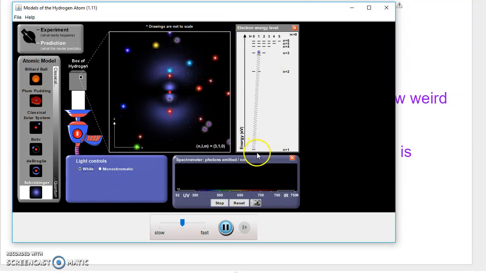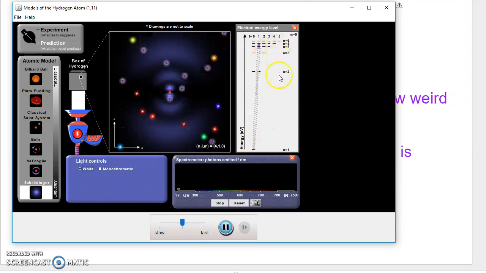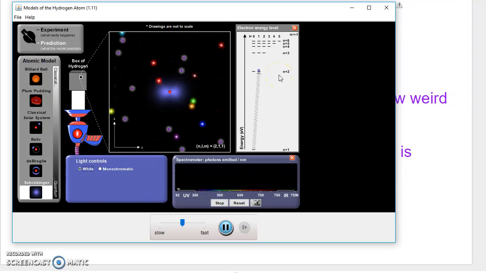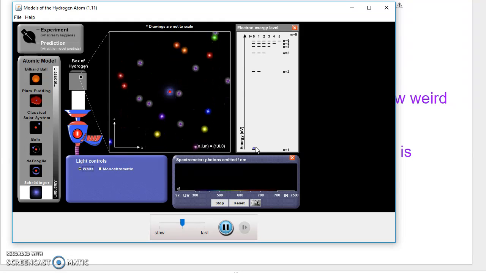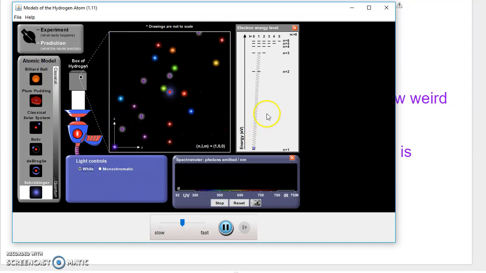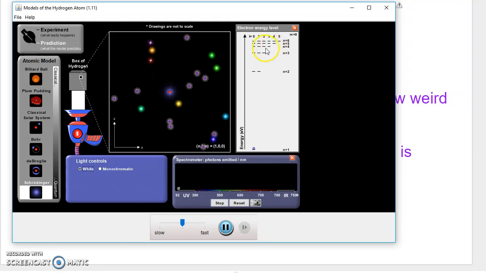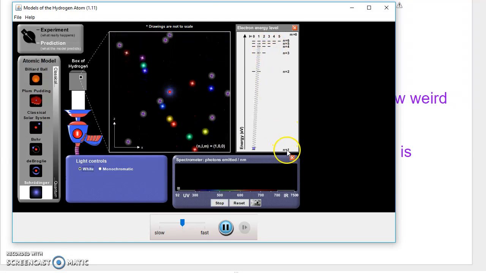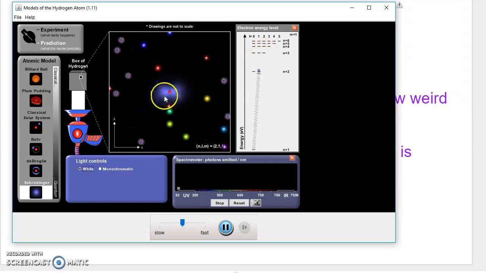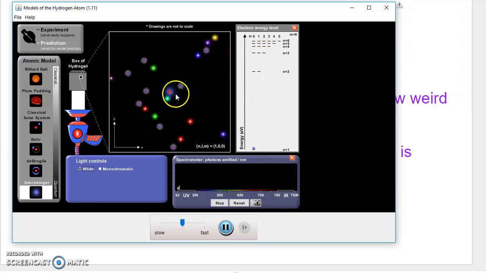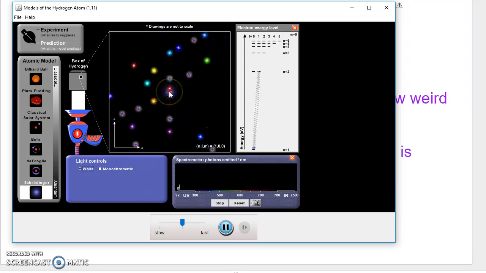And Schrodinger is the one that did the math to figure out these energy levels, and this is what we'll be talking about later. And this is what we're going to use. It's going to be called electron configuration. So when the electrons are on each of these things, these are all going to be energy levels, and then these are the sublevels inside, and it's going to be different patterns of this cloud.